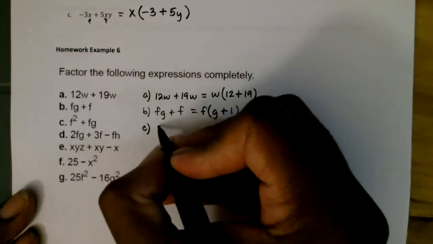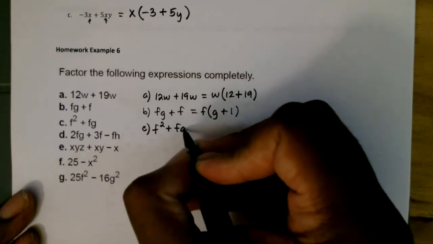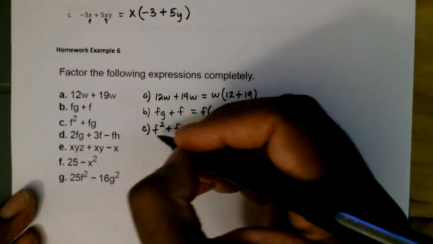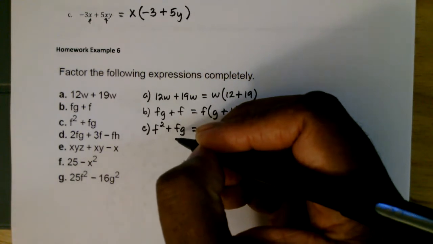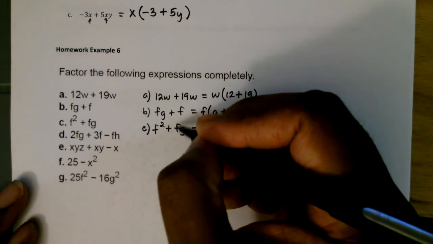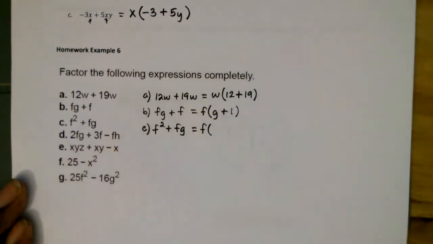Okay. Part C, f squared plus fg. With that, the common factor is f. However, we want to pick the variable with the smallest exponent. So it'd be f to the first power, or just f. That's always going to be the case.